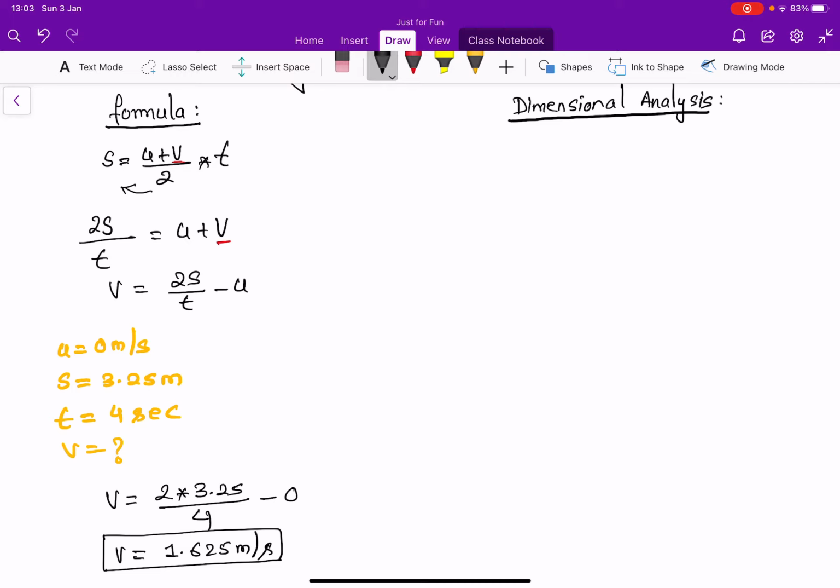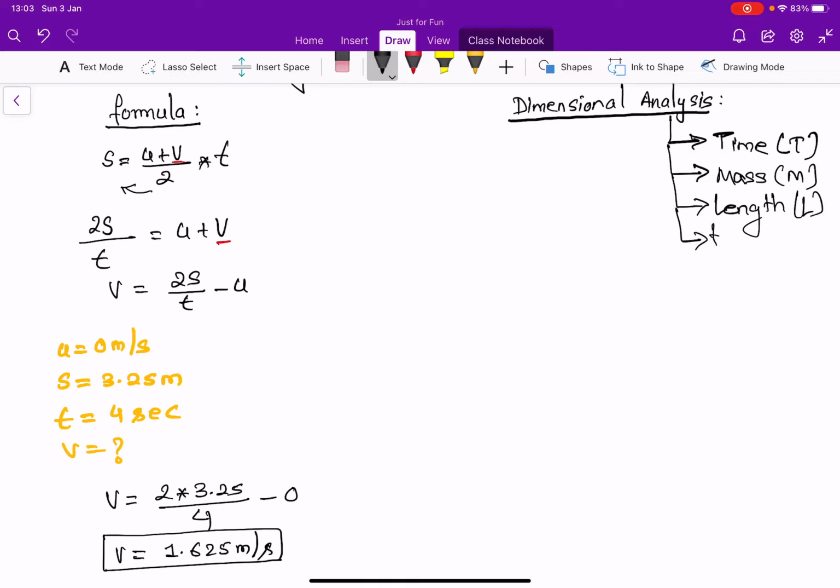So what I mean to say here is that any relationship can be simplified into fundamental dimensions, which are time, which is T, mass, which is M, and length, which is L, and then we have temperature, which is going to be our small t, and finally charge, which we're going to say Q. So these are the 5 fundamental dimensions.